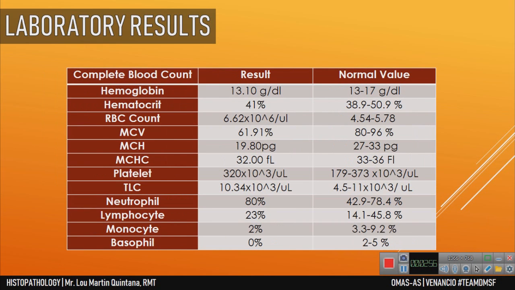Also in their complete blood count, the hemoglobin, hematocrit, RBC count, MCV, MCH, MCHC, platelet, total leukocyte count, the lymphocyte, monocyte, and the basophil seem to be normal. However, the value of the neutrophil is quite high. This tells us that there could be a causative agent such as bacteria that yields the disease of the patient.